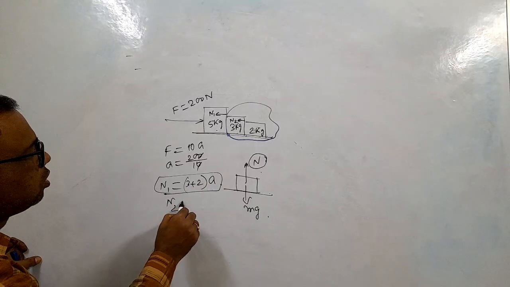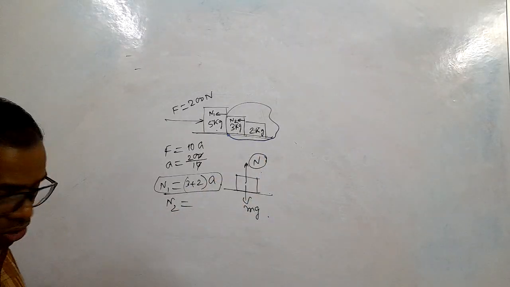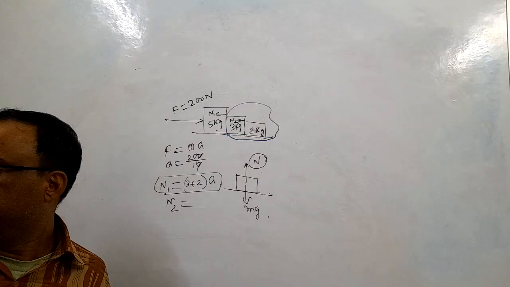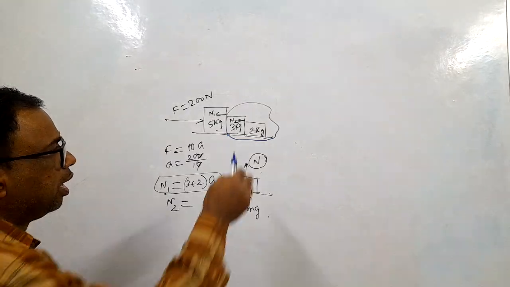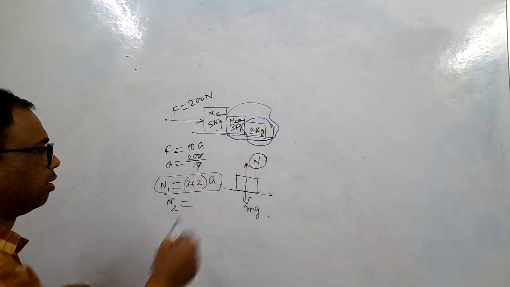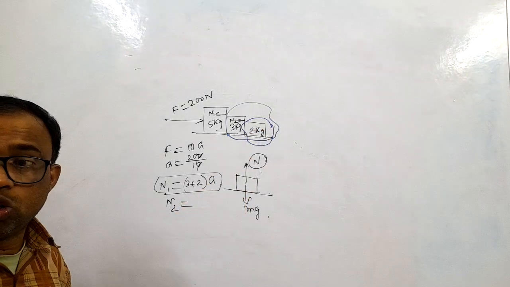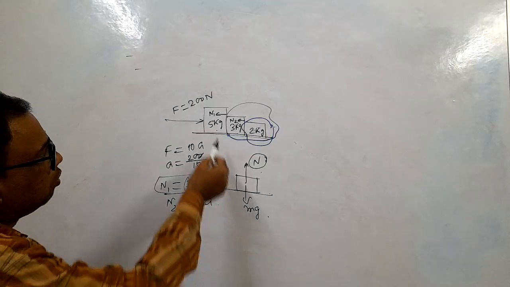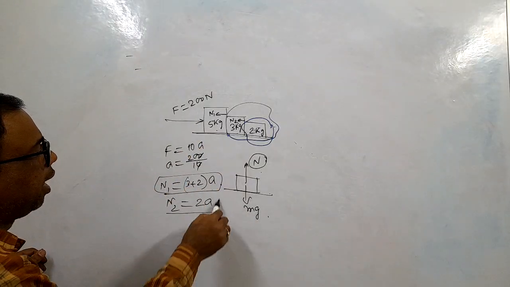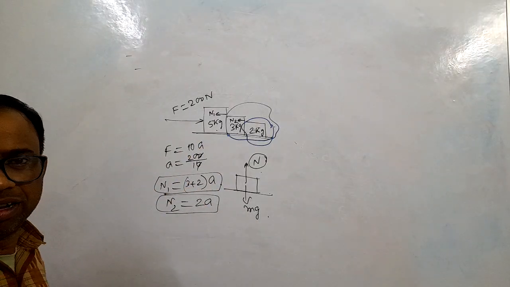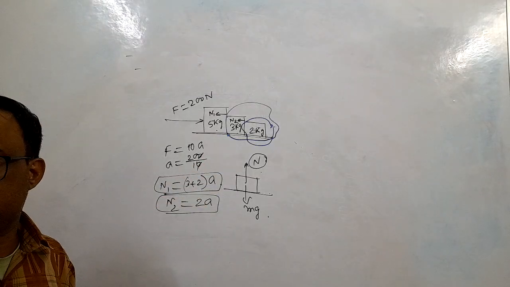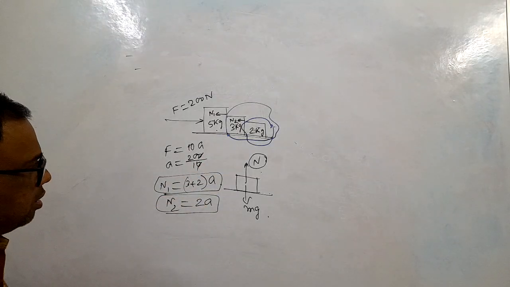And N2 is the pseudo force experienced by this mass, so N2 equals 2 into A. You know the acceleration, so you get the normal reaction. That is the first example of Newton's laws about the normal reactions.